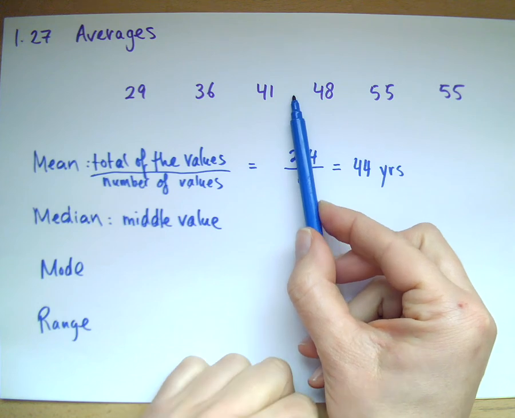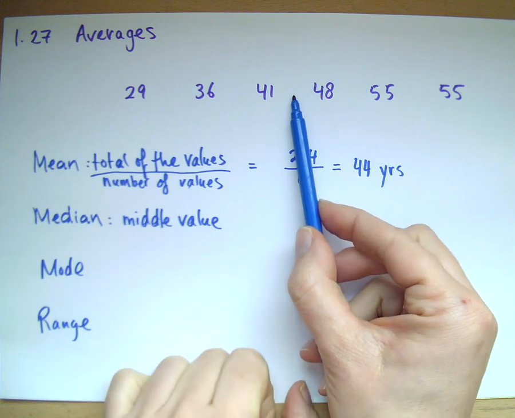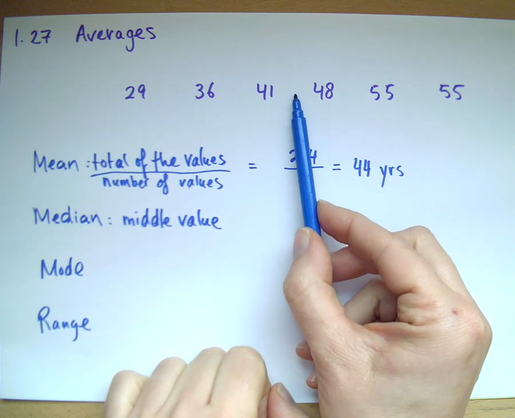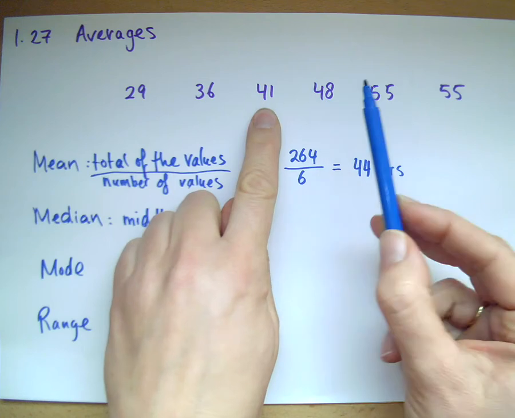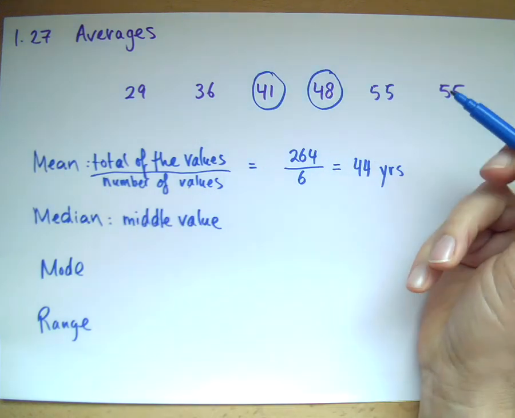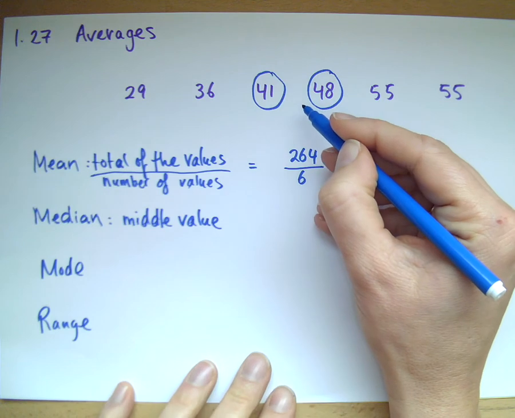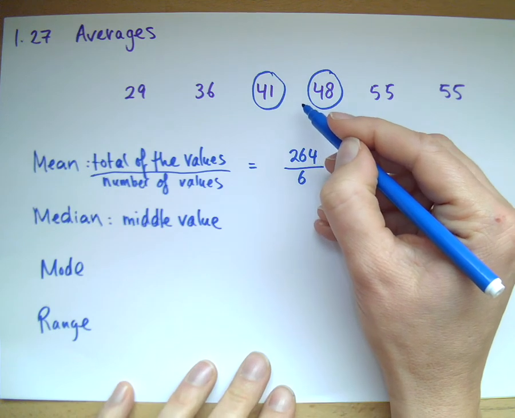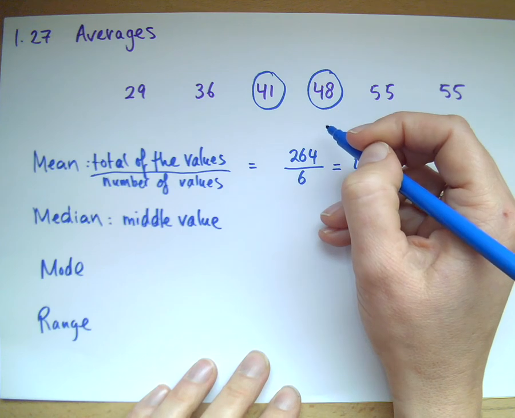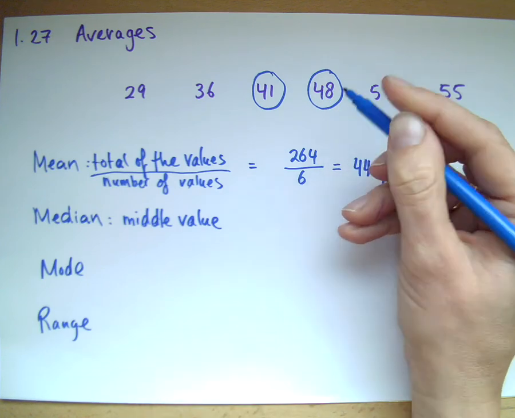There's not one number in the middle. Otherwise that would be super easy. We would say it's this number, but there's no number in the middle. There's 2 numbers actually in the middle, right? 41 and 48. So what do we do? We find the average, the mean between those 2 numbers.